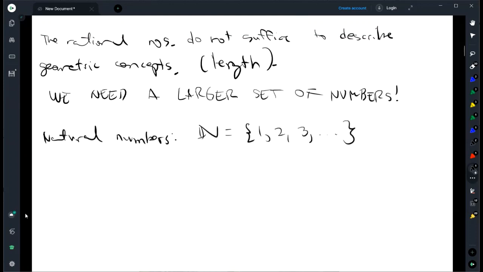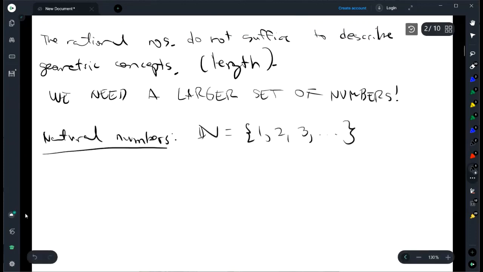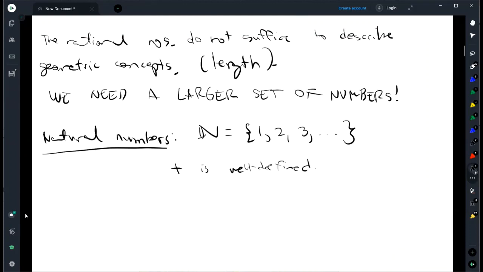And note that in natural numbers, the addition operation is well defined. That means the sum of two natural numbers is also a natural number.